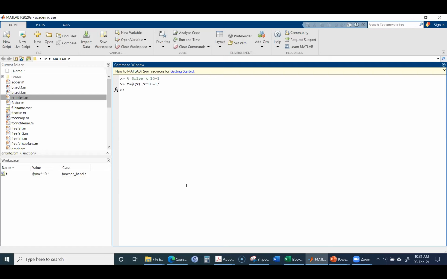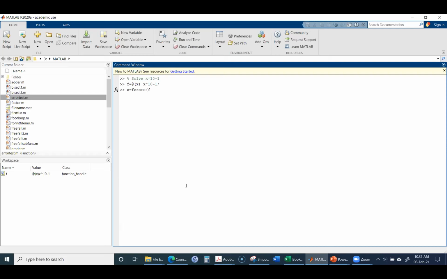Now I want to solve this function, and place the solution in a variable called x. So x is equal to fzero, and now I can just put the name of the function. I don't need to put at x because I already have defined it.